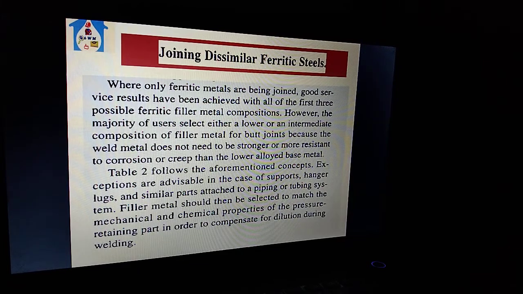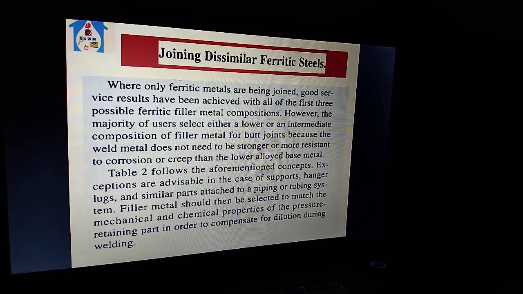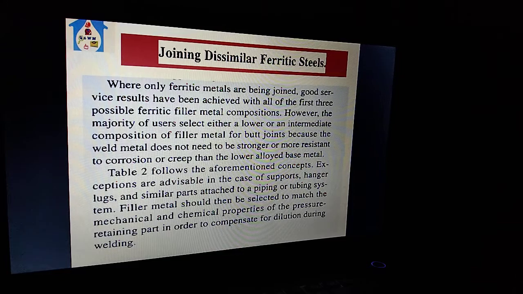Table 2 follows the aforementioned concept. Exceptions are advisable in the case of supports, hanger tubes, and similar parts attached to the piping or tubing system.